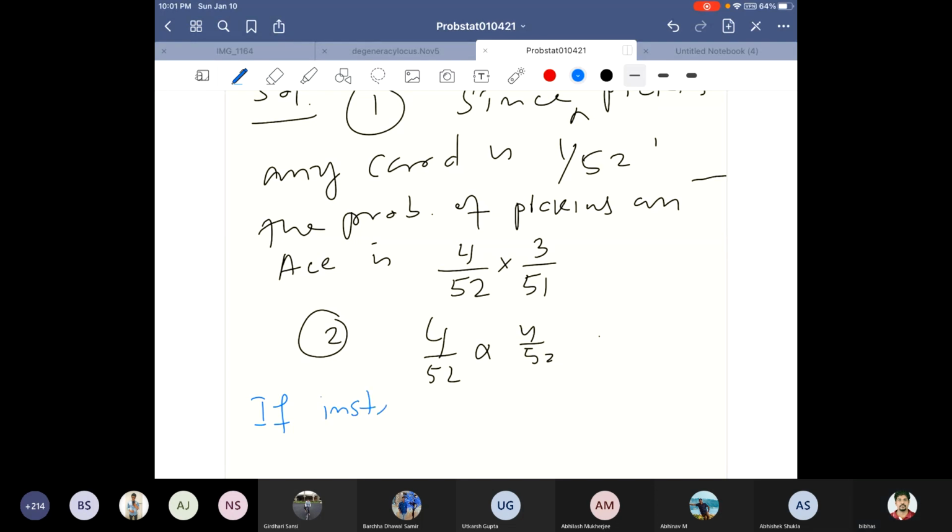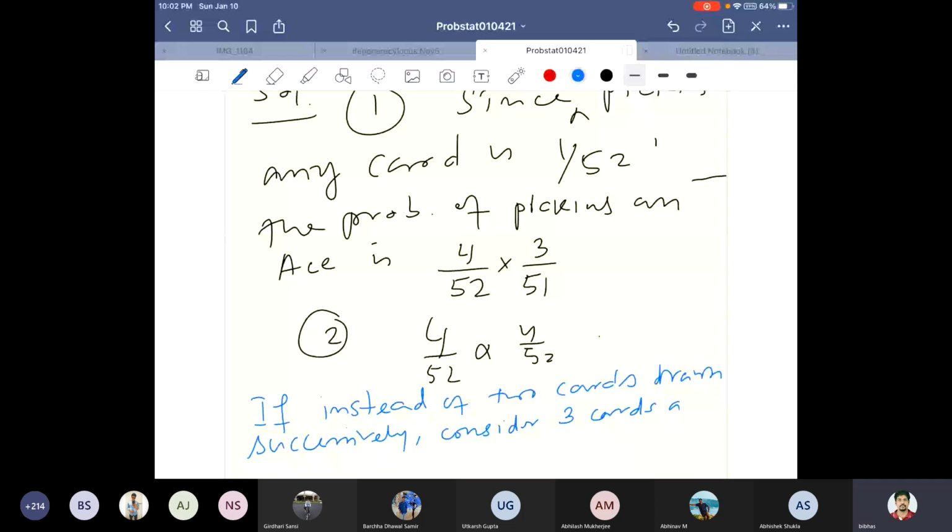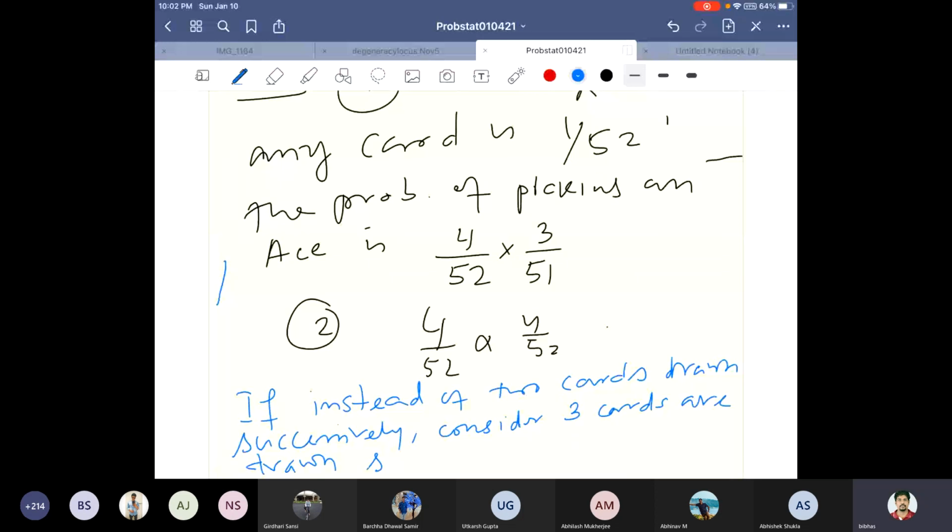Instead of 2 cards drawn successively, consider 3 cards are drawn successively.